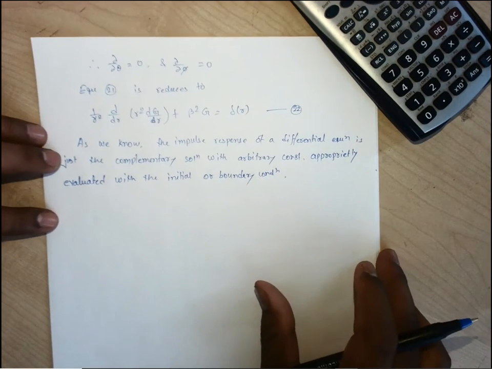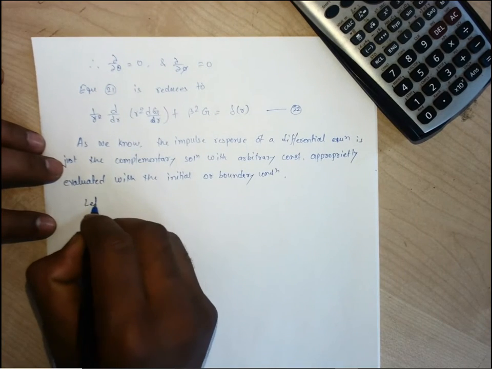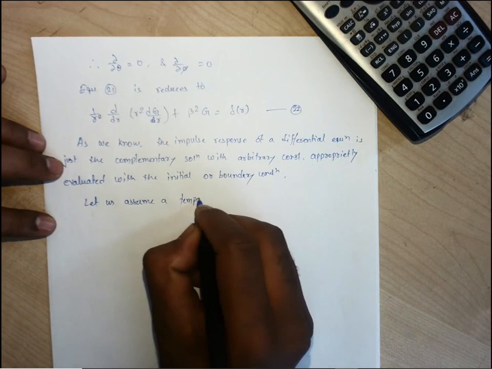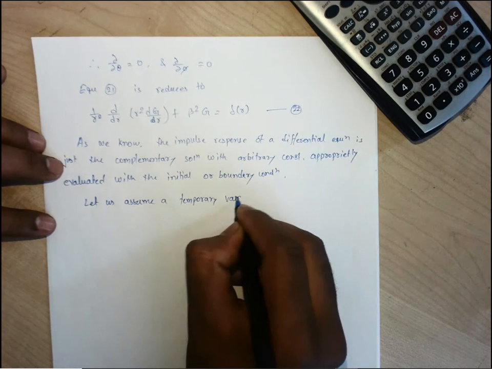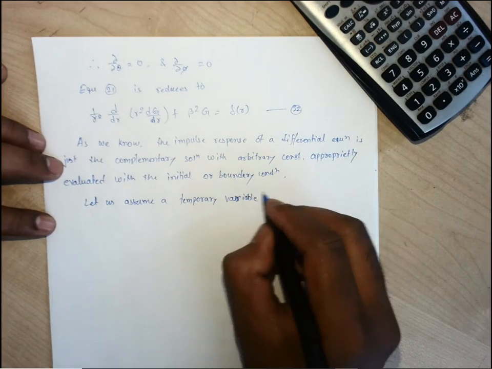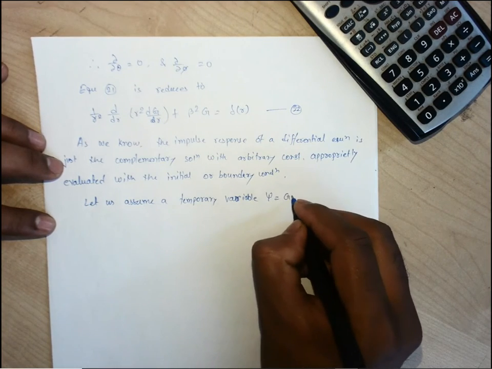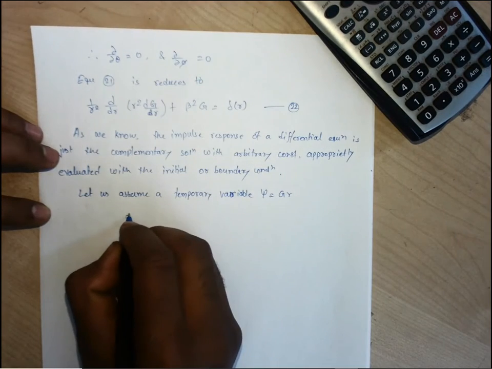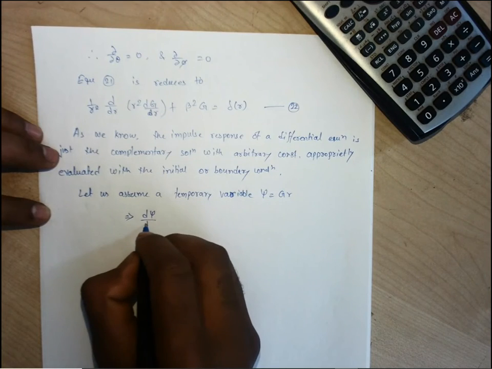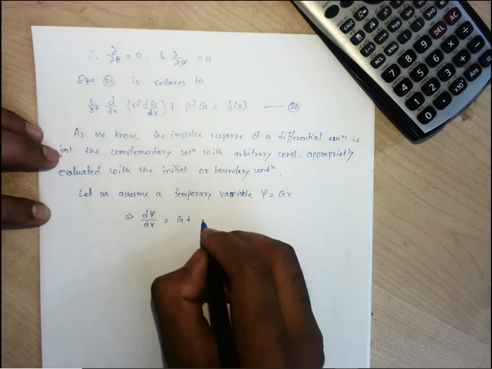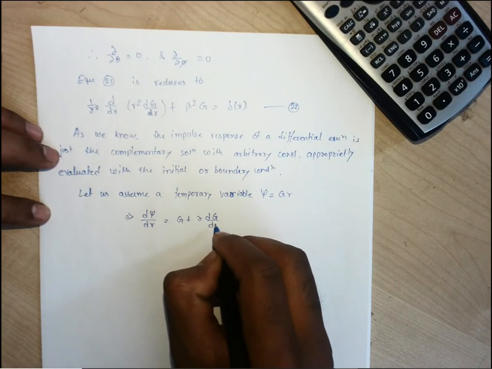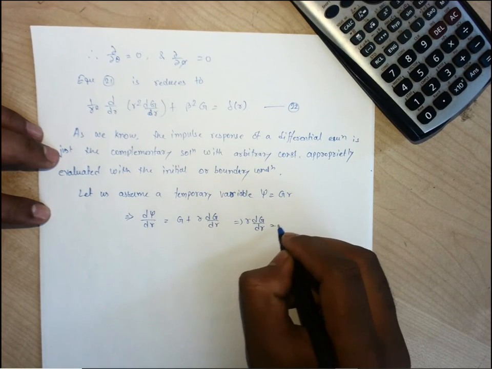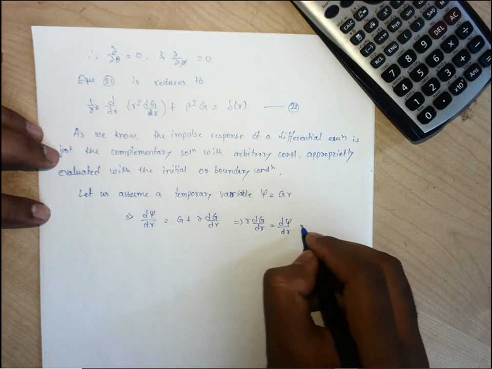Now let us assume a temporary variable psi is equal to gr. If you take the derivative of this psi, d psi by dr is equal to g plus r dg by dr. What is this r dg by dr? It is d psi by dr minus g.